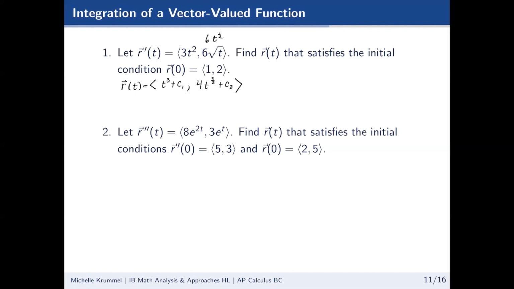Now we can use this initial condition to solve for c1 and solve for c2. We know that the x component is supposed to equal 1. So we can say t cubed plus c1 equals 1 when t equals 0. So actually, it should say 0 cubed plus c1 equals 1. Therefore, c1 equals 1.